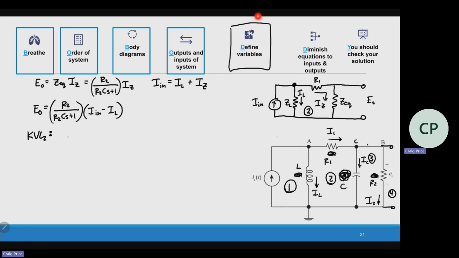If I go around, there is ER1. Let's say I start at the node right here. I have a drop here, I have a drop here, and then I have the voltage across the inductor. This gets me back to 0. So I can say that the voltage across the inductor is equal to ER1 plus EZ equivalent.